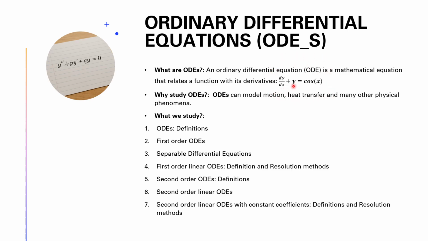Here we have the derivative of the function y and the function y itself, and there is a relation between them: a summation between them equal to the cosine of x. This kind of equations that involve both the function and its derivative are called differential equations.